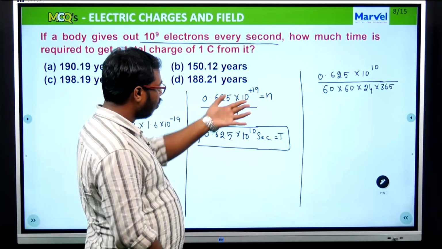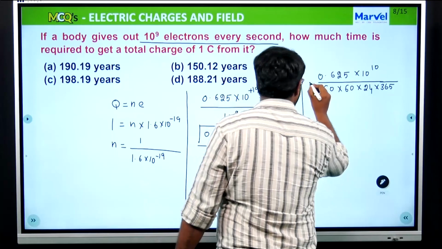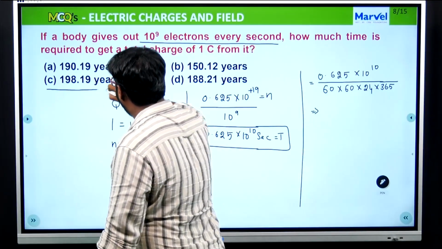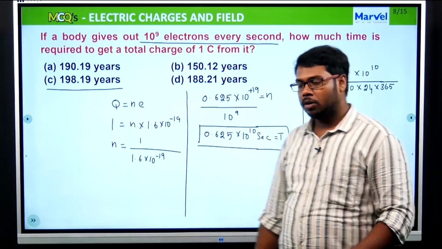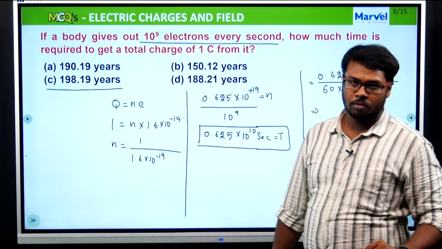So this is how you divide this. On dividing this, we arrive at the answer, which is 198.19 years. So from seconds I am converting it to years.